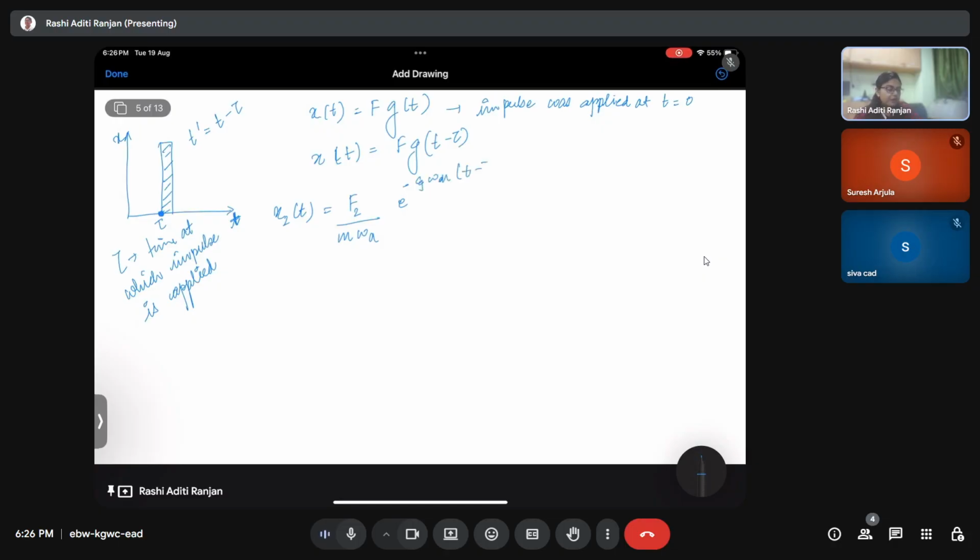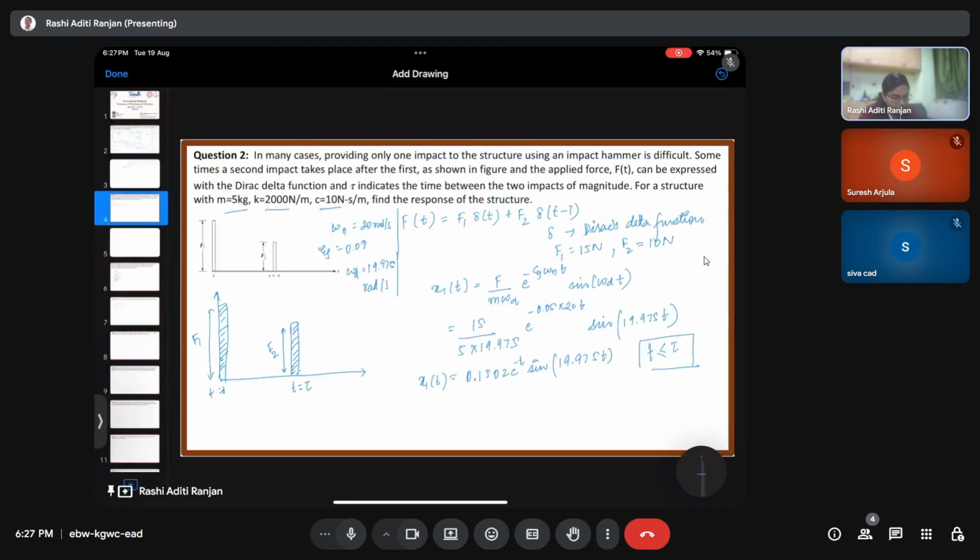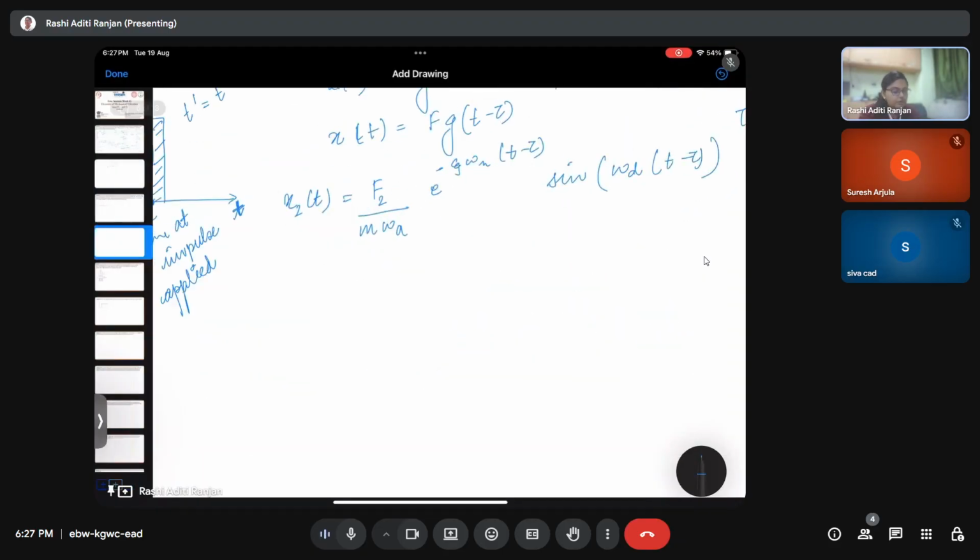Now instead of t, we are going to write t minus tau into sine of omega d t minus tau. So what we have done, we have basically replaced t with t minus tau. We know the value of tau is, I think, not given. Okay, so let's just consider tau as 0.2.